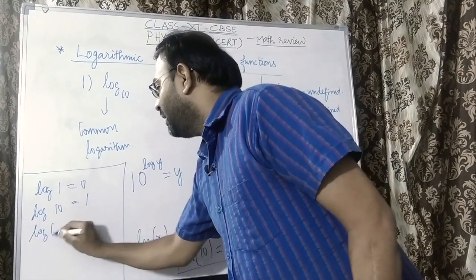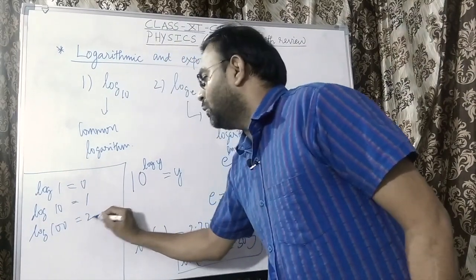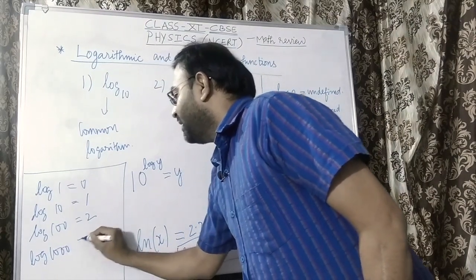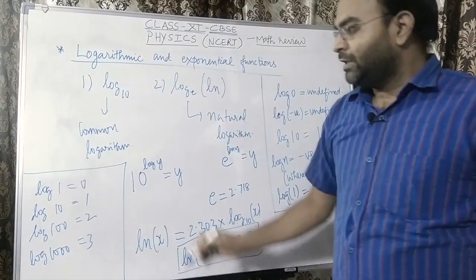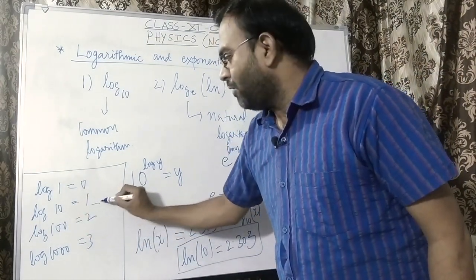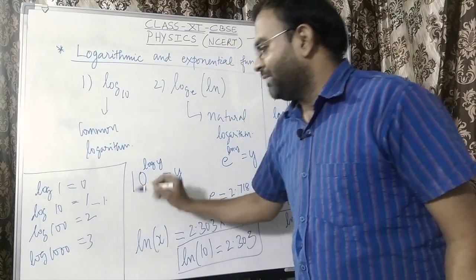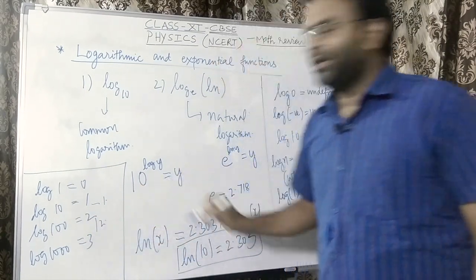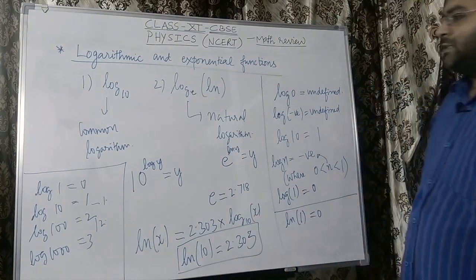Log of 100 is 2. Log of 1000 is 3, and so on and so forth. Any number between 10 and 100 will therefore have log 1 point something. Any number between 100 and 1000 will have 2 point something. That is how log scale is used.